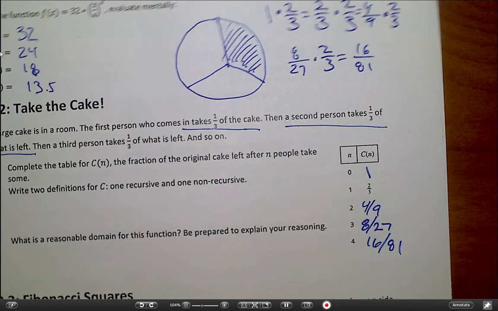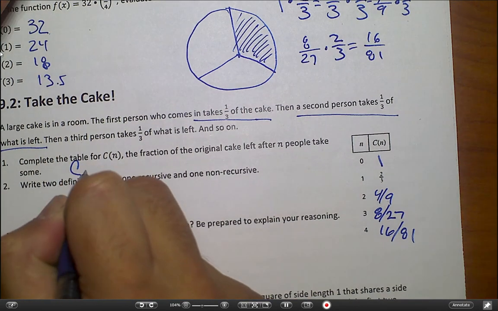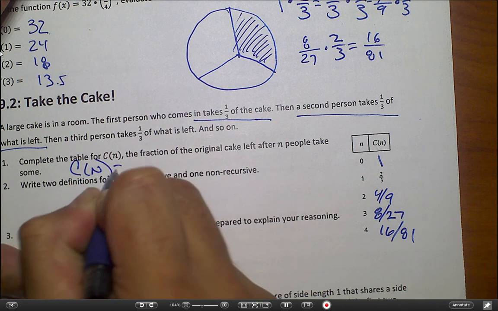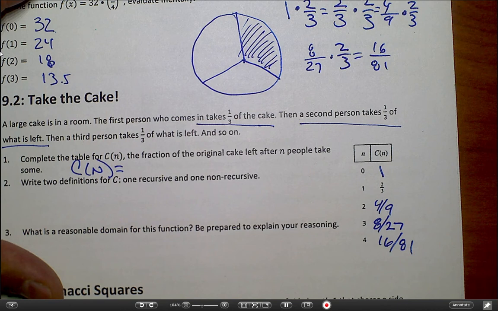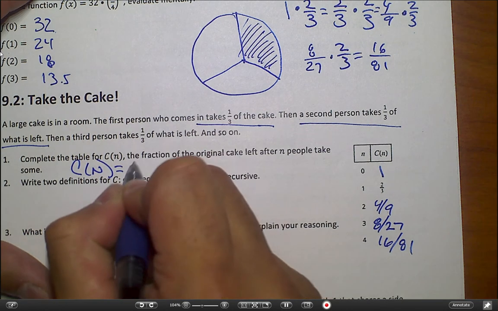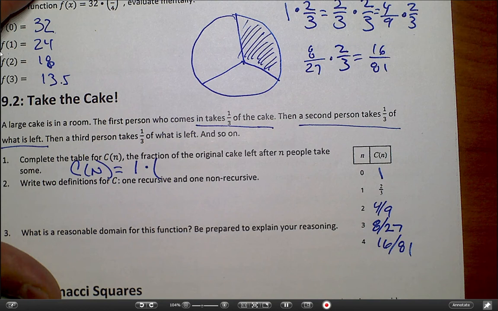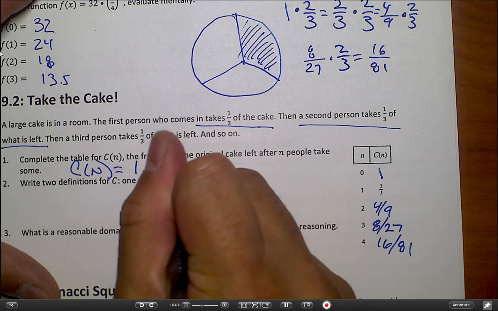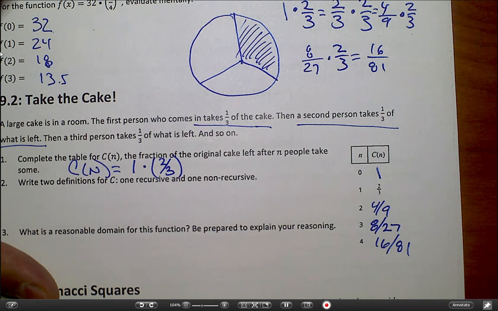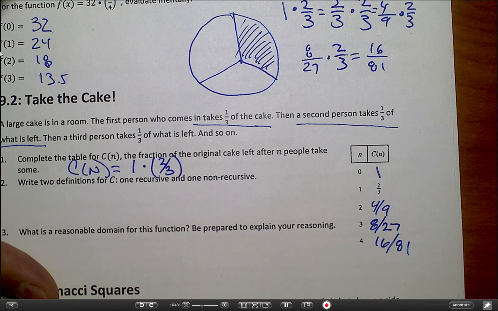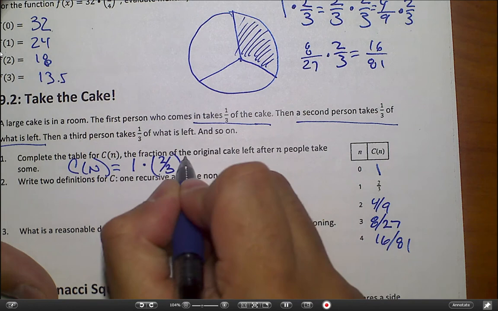So if I'm going to write this out, I'm going to say that C of n is equal to, what is my initial value? 1. 1 cake. Times what? 2/3. And repeated multiplication is an exponent, right? So what am I going to put over here? N.